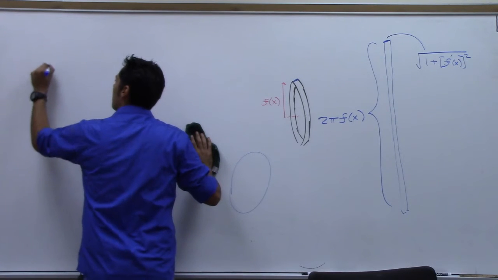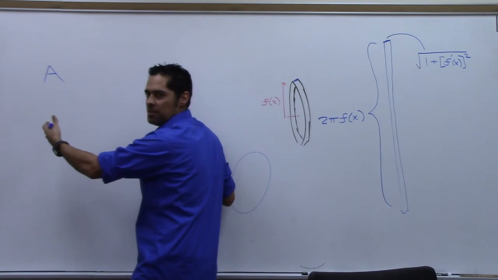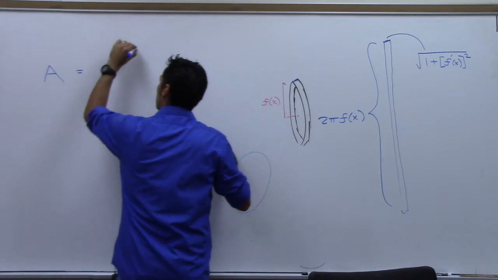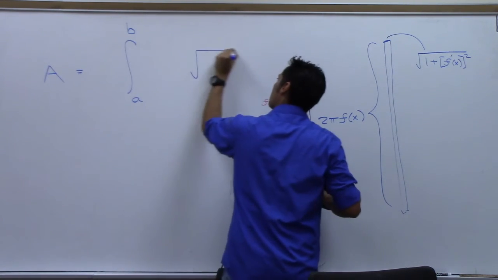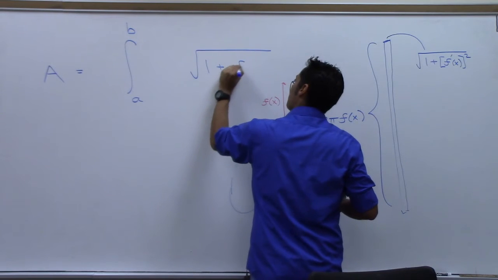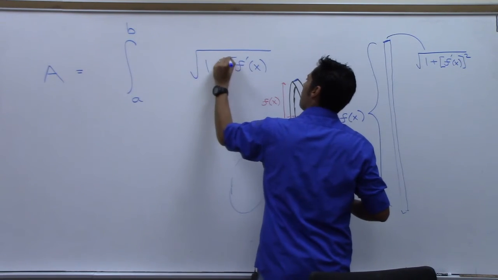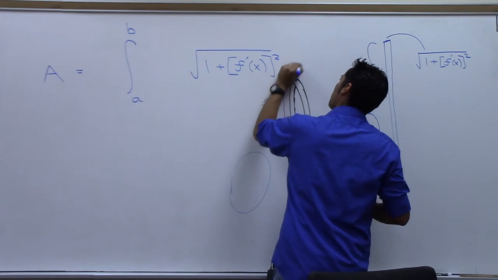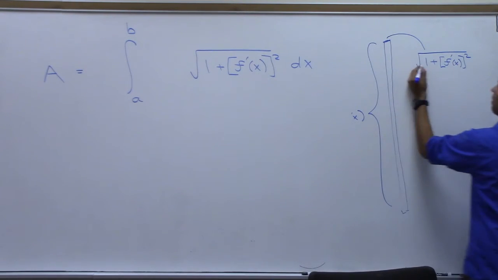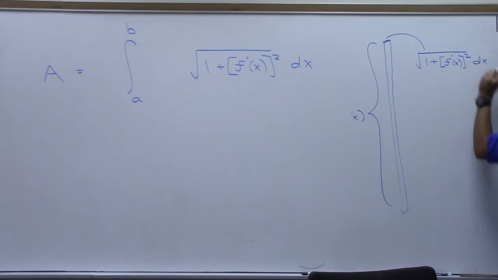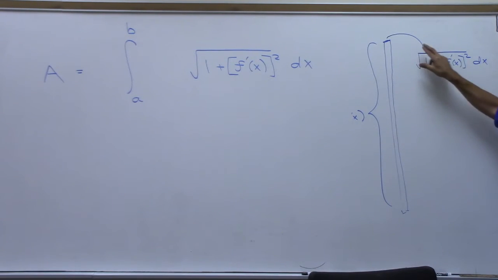Okay, so the area, I'm going to say area to represent surface area, is equal to the integral from a to b. This should look familiar. I left some spaces in there on purpose. Add one thing over here: this right here needed to have the dx on it, sorry.